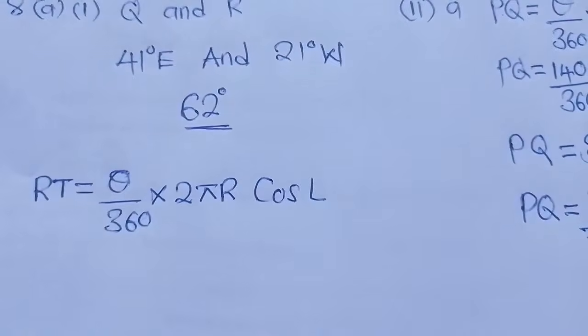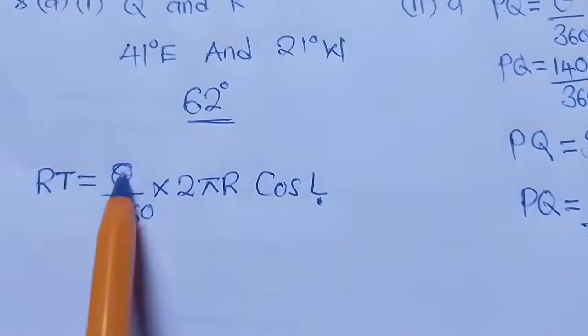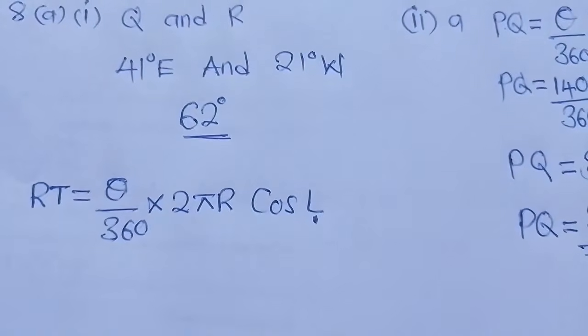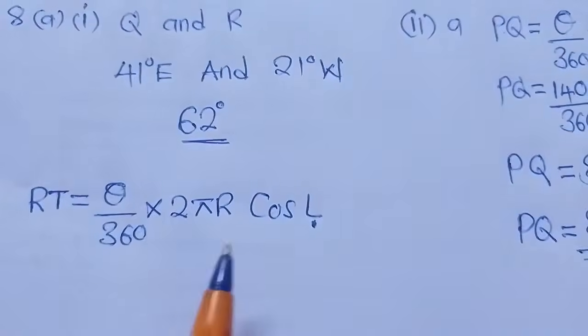So this is the formula we are going to use. What is important here is you just get the latitude and the theta. This is the formula that you need to know whenever we are talking about the distance along the latitudes.